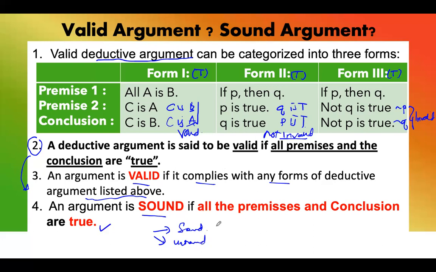If one of the premises or the conclusion is false, then it's an unsound argument. It can be a valid argument, but unsound, right? A valid argument means it follows the 3 types of argument, but one of the premises or the conclusion is false.